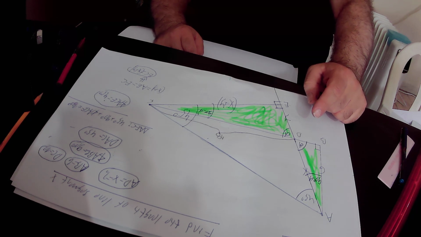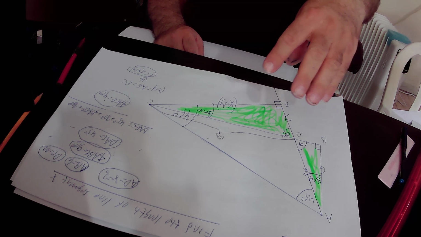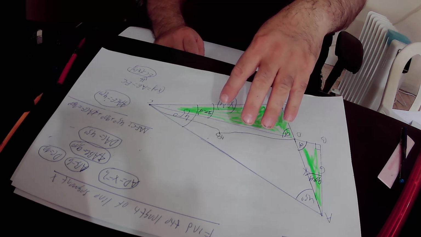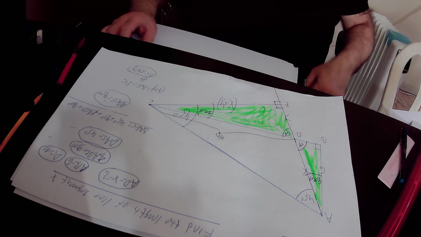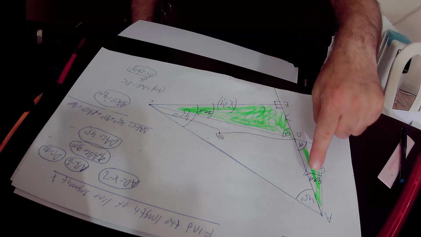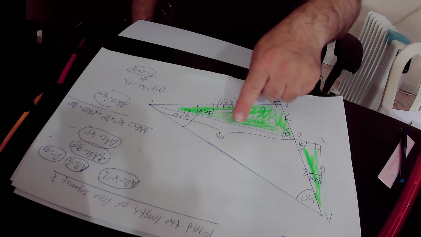So here we have right triangle AEC. In this right triangle AEC, we know that the sum of the angles must be equal to 180 degrees. So which angles do we have in the right triangle AEC? We have 45 degrees, we have 90 degrees, and we have the missing angle, that is angle ACE.